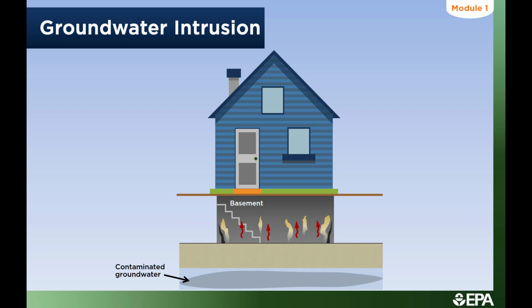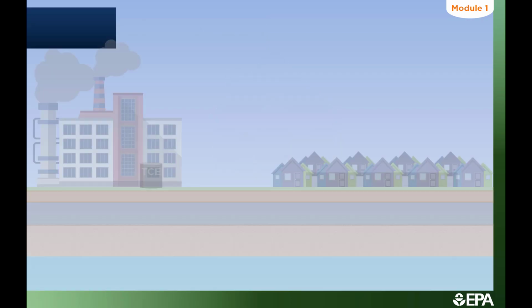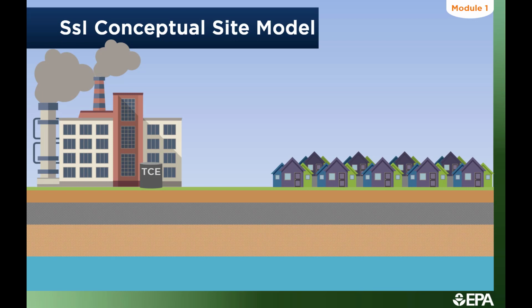Okay, now that we understand how subsurface contamination can migrate into a structure, let's look at it in the larger context of an SSI site. A conceptual site model for a given media or pathway will identify the key aspects of the site. Understanding a conceptual site model is critical when evaluating your site for HRS purposes.